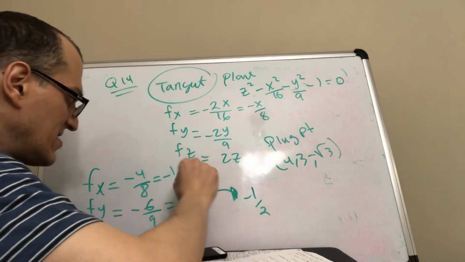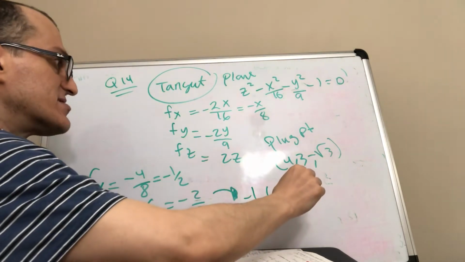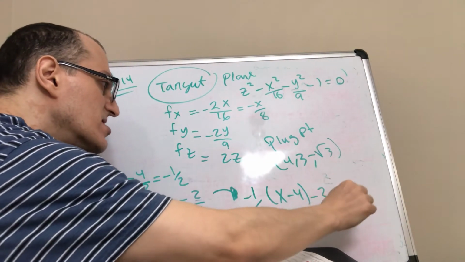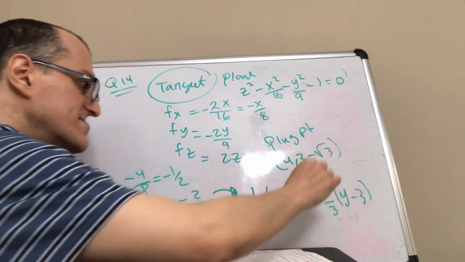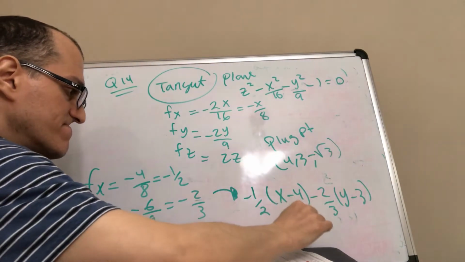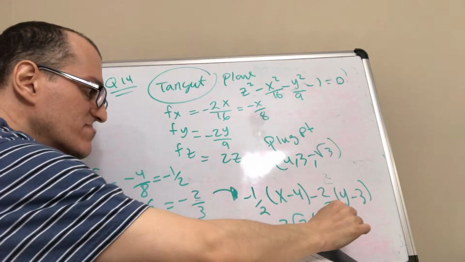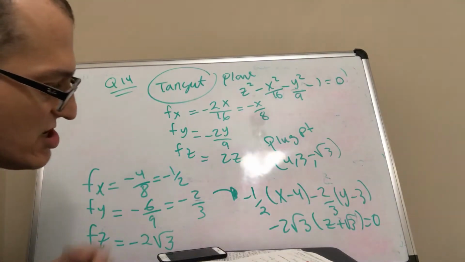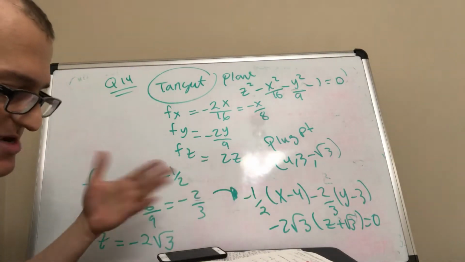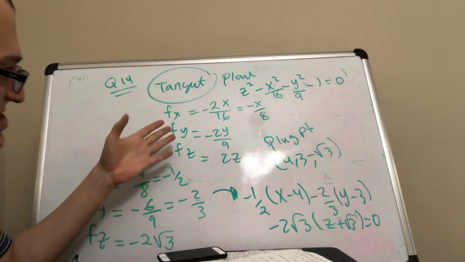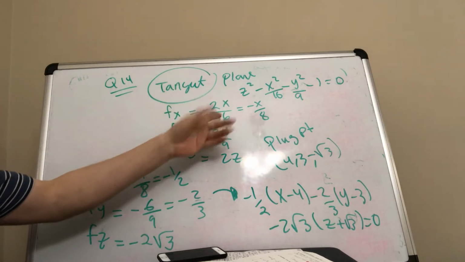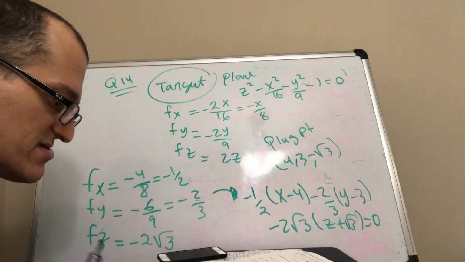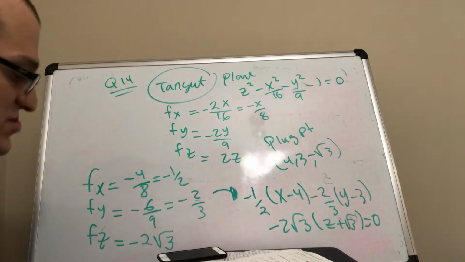So minus half, you start with the minus half times x minus the point, the second one times y minus the point, and the last one times z minus the point, equals 0. If you multiply this whole thing by negative, it would still be the same. So it doesn't matter if you end up with negative or positive, a constant doesn't matter in this case. This is question 14, midterm.